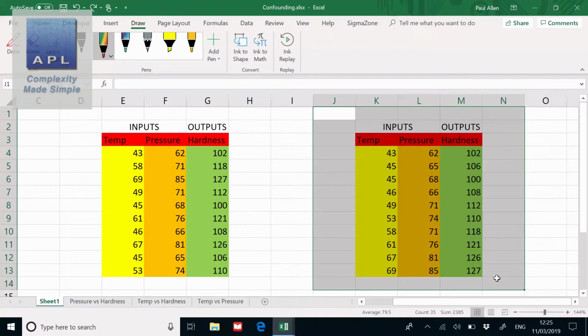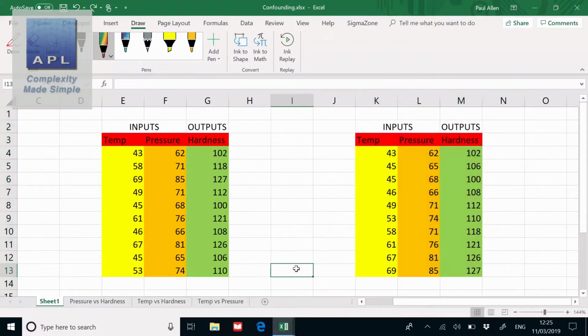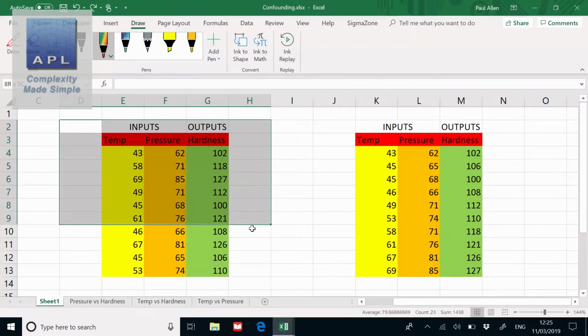But of course, that probably isn't how you get the data given to you. Because the data has been randomly collected, you'll see the pattern over on the left hand side, which is just random data collected. So when you look at this, 43 on the temperature, 62 on the pressure, and 102 on the hardness, then the next one goes 58.71 and the next one goes 69.85.